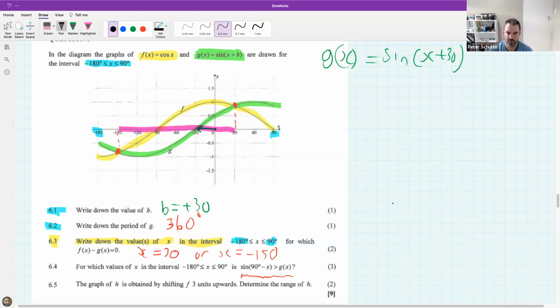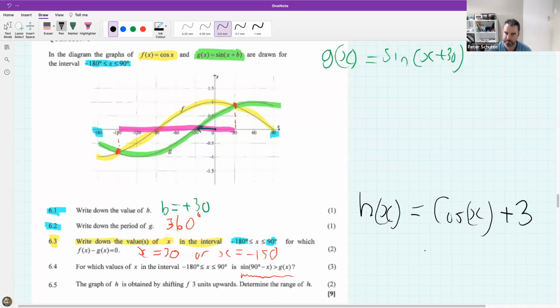So let me first try and write down what the function H is. So I know it has a cos of x because it comes from f, but then it needs to be plus 3. Now my normal range for cos is that, but now everything needs to add 3 to it to move up by 3.